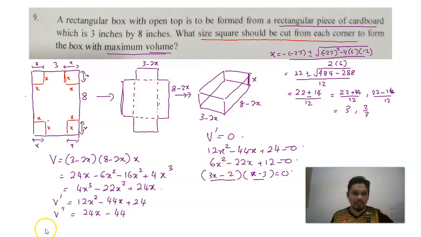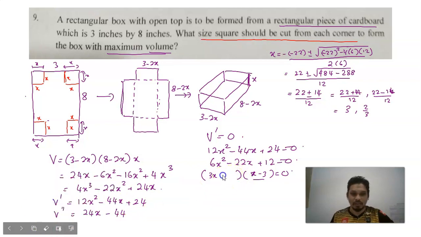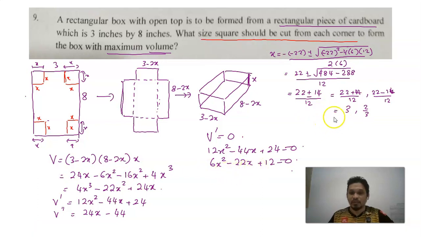Please find out by yourself the linear factors for these two. Because I found the value of x using the formula, I will not discuss much on this part here. Okay, x equal to 3 and 2 over 3.